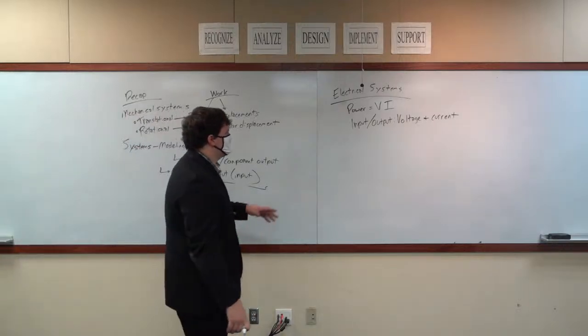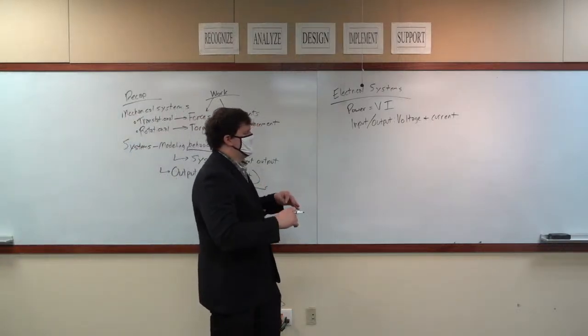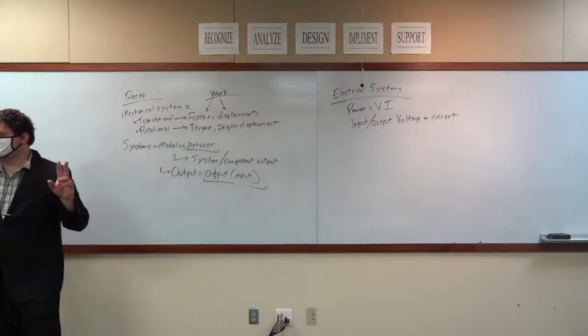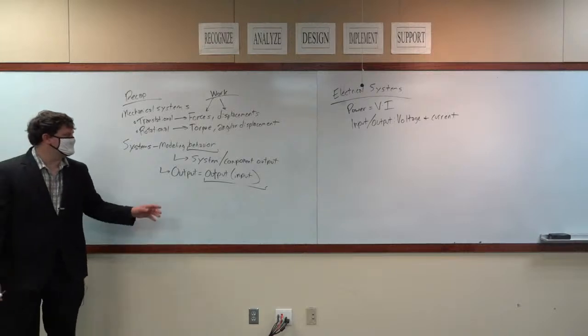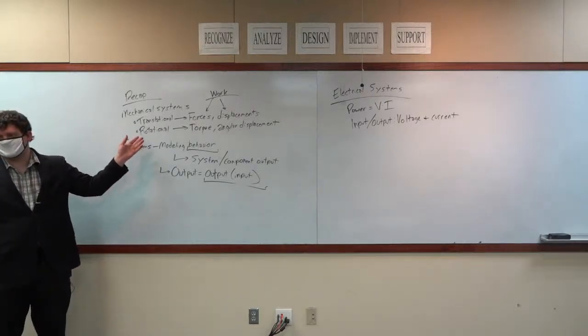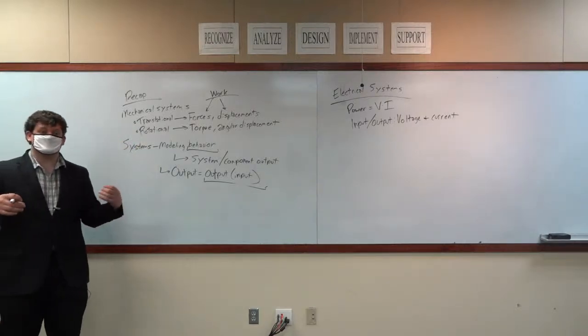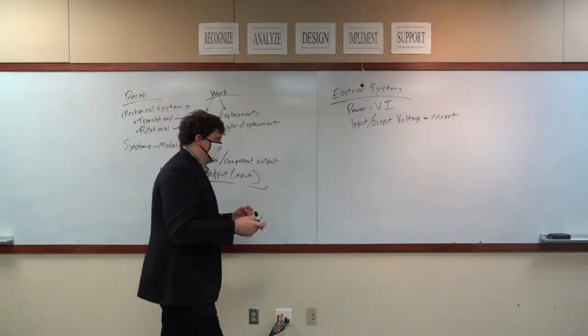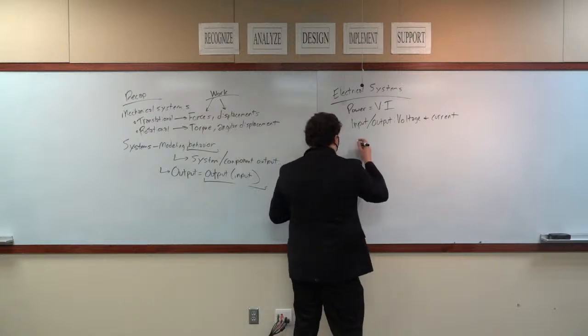When it comes to electrical systems, we still have our three forces, so to speak. We introduced them as forces in translational and rotational systems. They still exist as forces, but it's a force in a different sense. Okay?